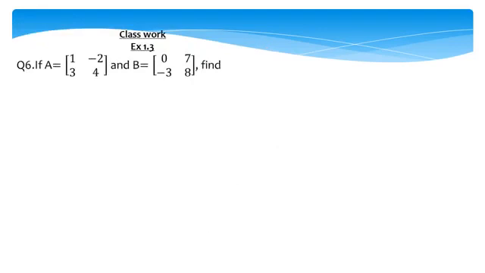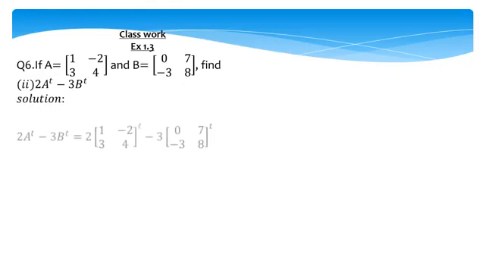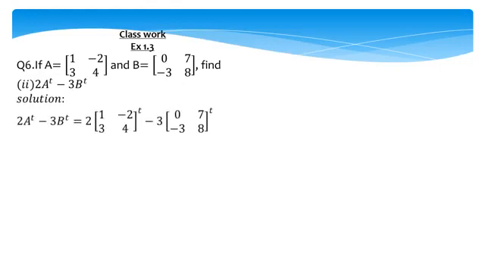Classwork exercise 1.3, question number 6. Given two matrices A and B, find 2A transpose minus 3B transpose. Solution: 2A transpose minus 3B transpose.